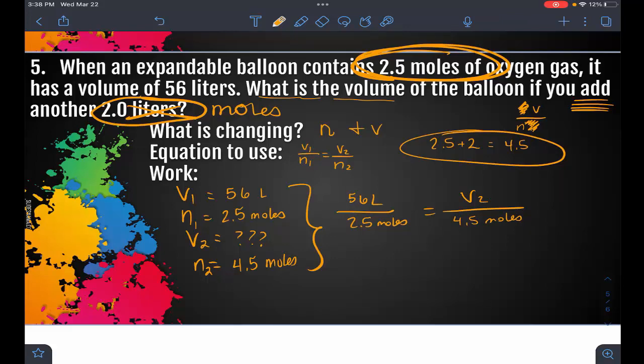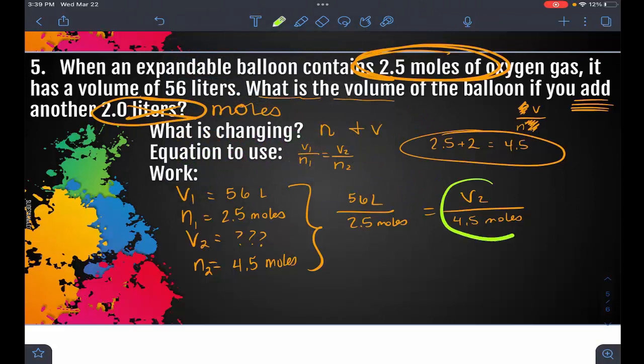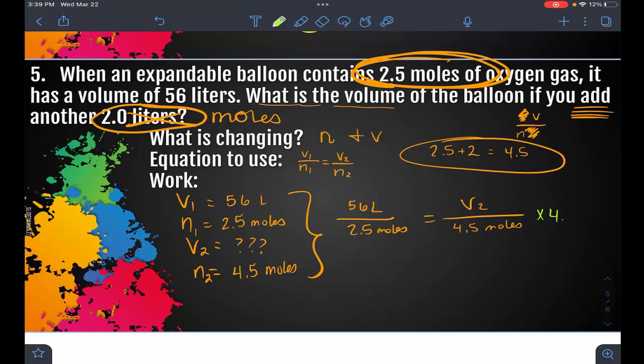Okay, to solve this one, I would get V2 by itself over here by multiplying by 4.5 on both sides. So times 4.5 and times 4.5. The 4.5 moles on the right-hand side will cancel. And so I have V2 equals, let's see, 4.5 times 56 divided by 2.5.